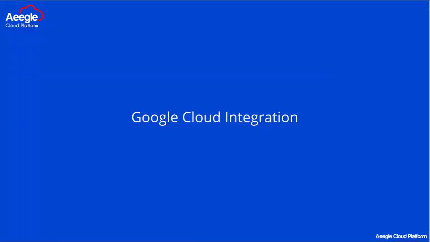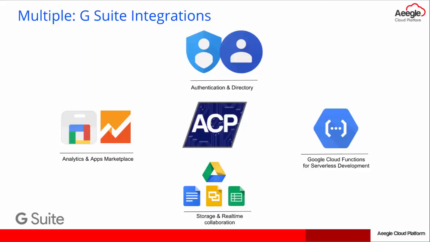So now let's talk about some integration between ACP and Google Cloud. In this slide, I show different categories of integration between ACP and some Google products. The first one is the authentication and directory. So ACP uses the single sign-on for Google, or the Google Cloud Identity as well.